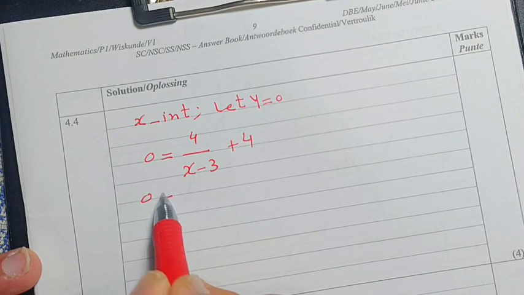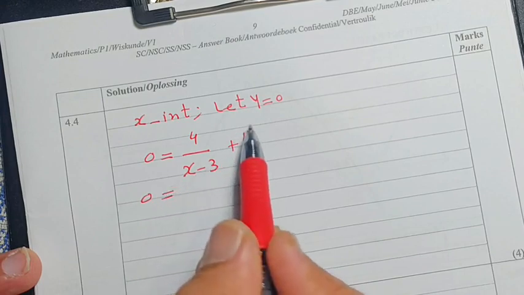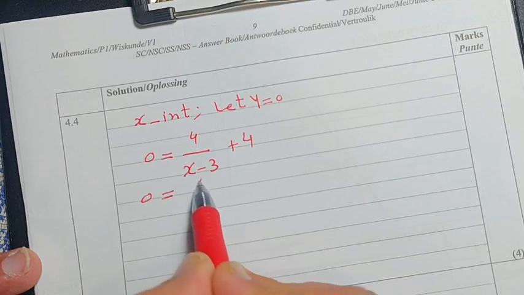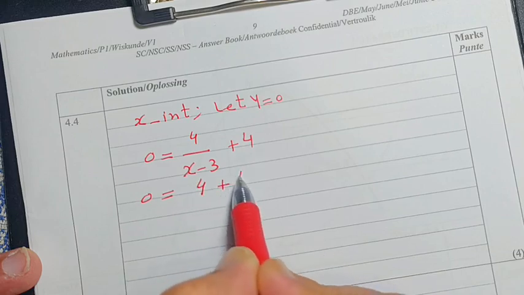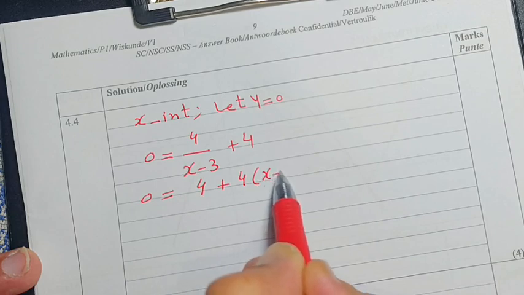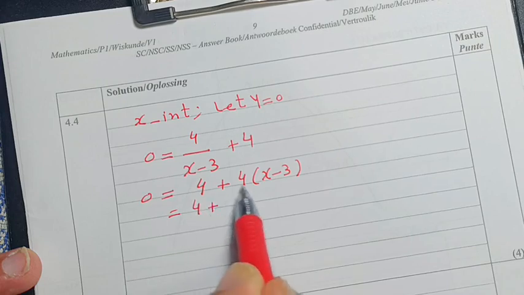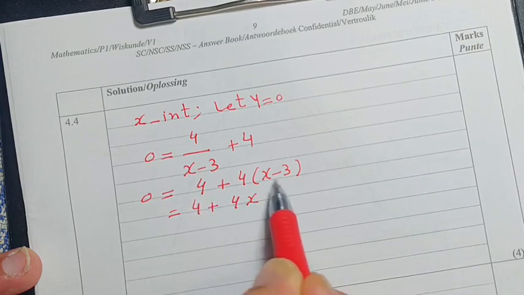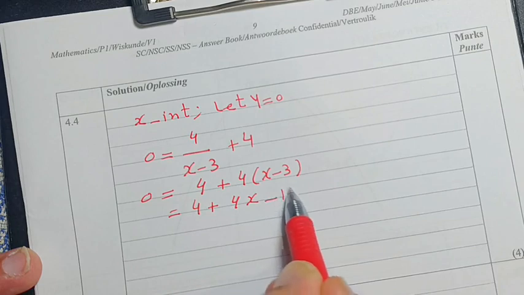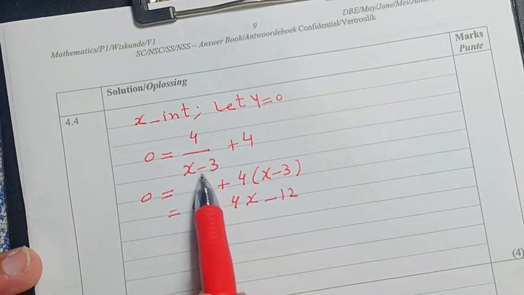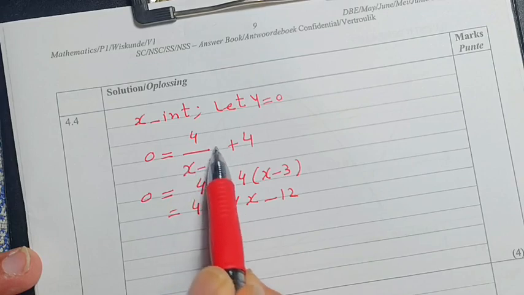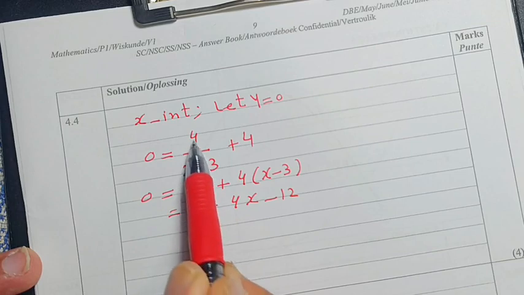This becomes 0; the x - 3 multiplied by 4/(x - 3) cancels out, leaving only 4, plus 4 multiplied by (x - 3). So 4 times x is 4x, and 4 times 3 is negative 12. Must remember, you multiply the whole term by x - 3.